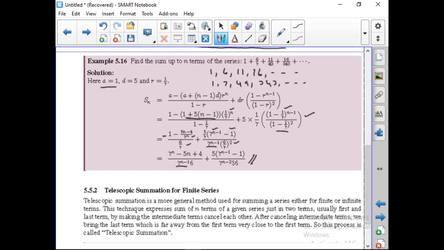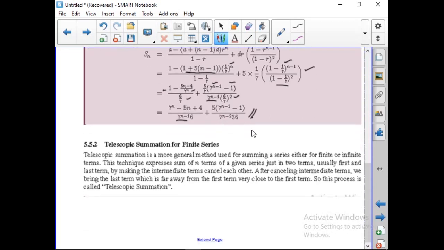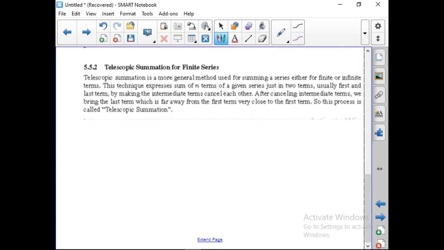Now, we will see telescopic summation. So, what is called telescopic summation? Telescopic summation for finite series. Telescopic summation is a more general method used for summing a series, either for finite or infinite terms.